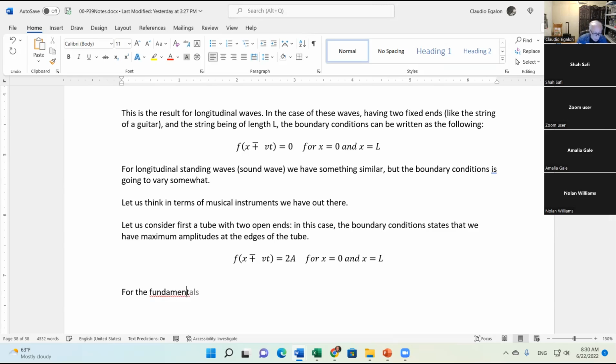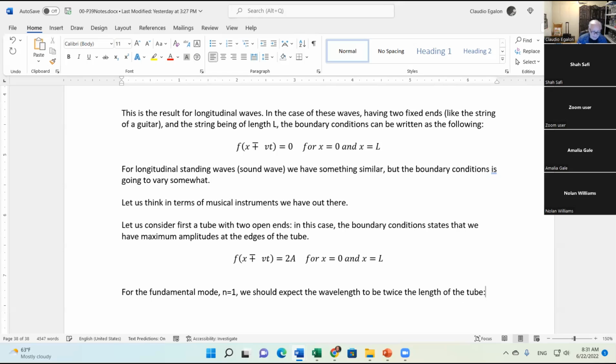For the fundamental mode, n equal to 1, we should expect the wavelength to be twice the length of the tube, right?